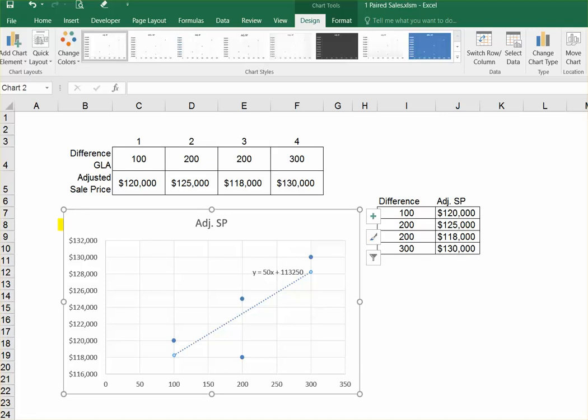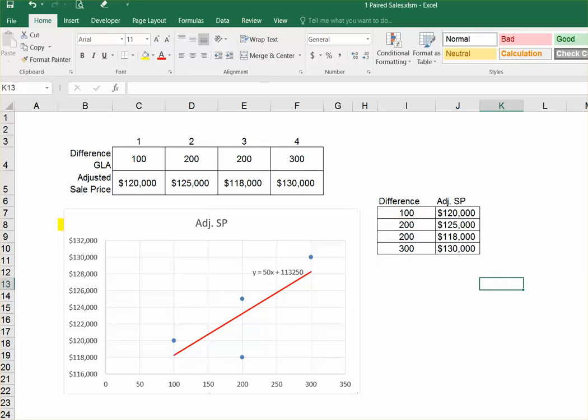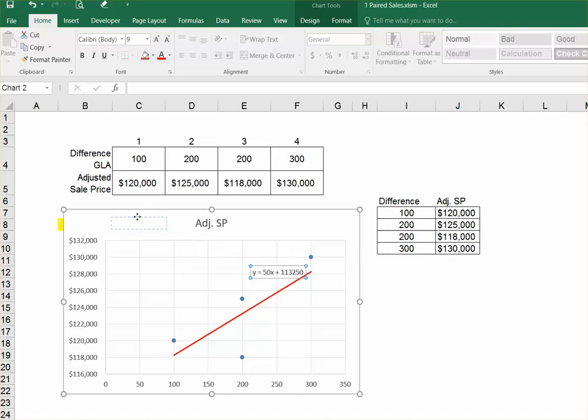And I am going to see if I can't make that line a little bit better. Maybe make it red and make it a solid line. There we go. Okay, and let me close that back out. Now, what you can see is 50 is the slope. 50 times x is the slope of the line. So there's the line there, it's 50.